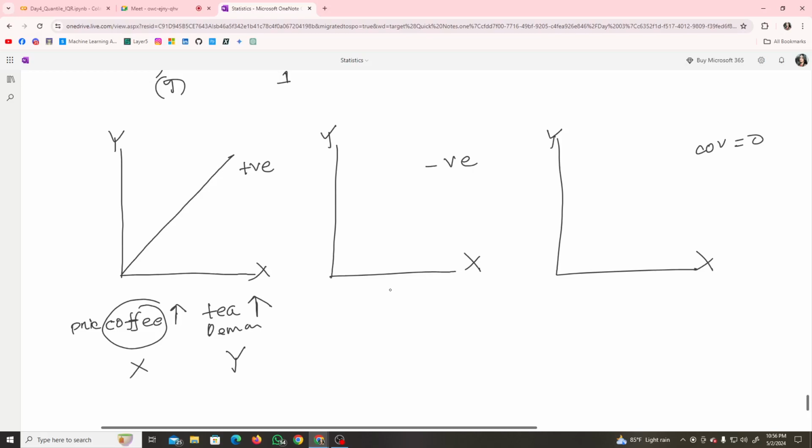But let's say in this case, suppose milk and tea. Since the price of milk has increased, the demand of tea has decreased, as people have to pay more to buy milk.